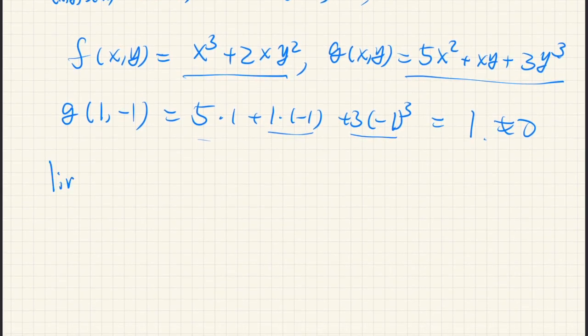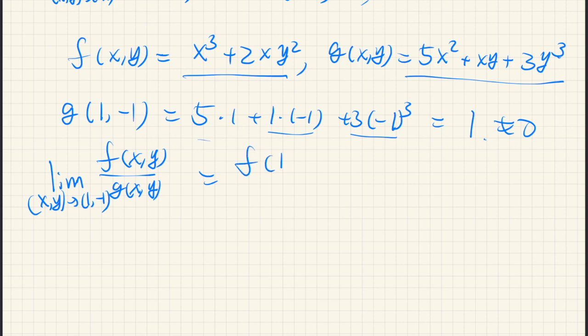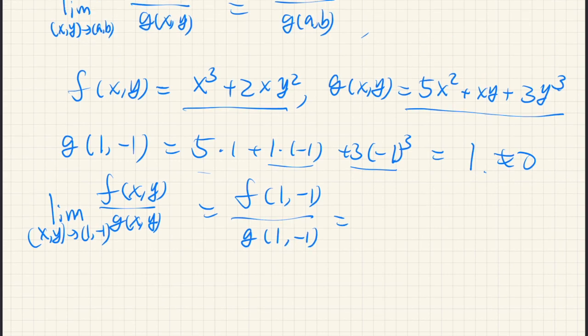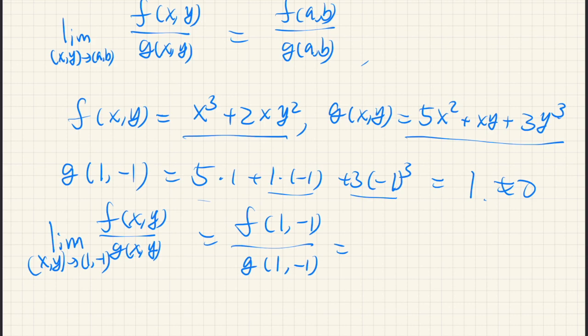So the limit of the ratio between f and g when xy approaches 1, negative 1 is f of 1, negative 1 over g of 1, negative 1, and f of 1, negative 1 is, let's see, 1 plus 2 times 1 times negative 1 squared is 1, so that is 3 over 1, so that is 3.